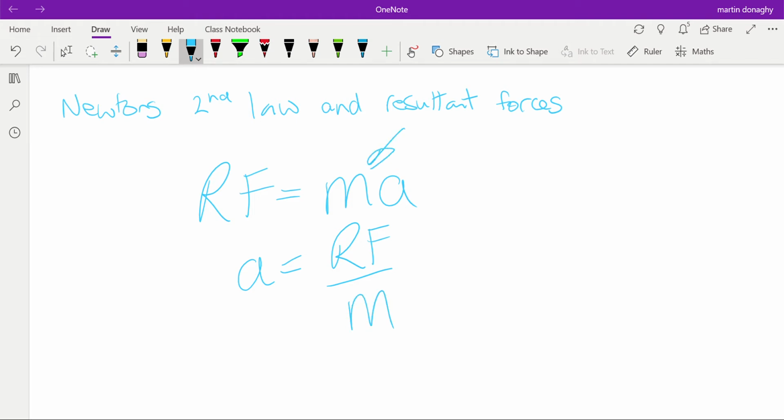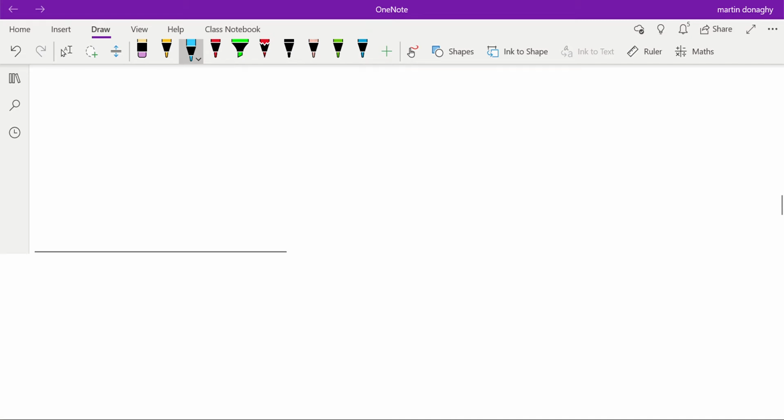Key things to remember are that the mass has to be in kilograms, and the force has to be in newtons, but it has to be the resultant force. That's how we're going to change things this week. So let's look at an example where we have a car.